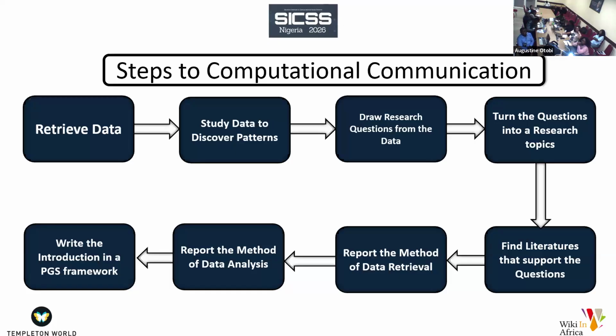Is it possible that Trump's tweets instigated the White House breach? Because I think in Trump's first tenure, there was a White House breach. Is it possible that his tweets led to the White House breach? These are questions that, by just looking at the words or the different tweets he made, and about that time, you could find a pattern. From this pattern, you get a research question. From the question, you draw out a topic.